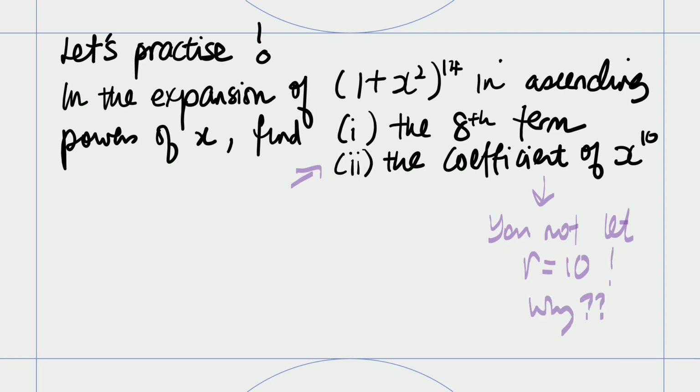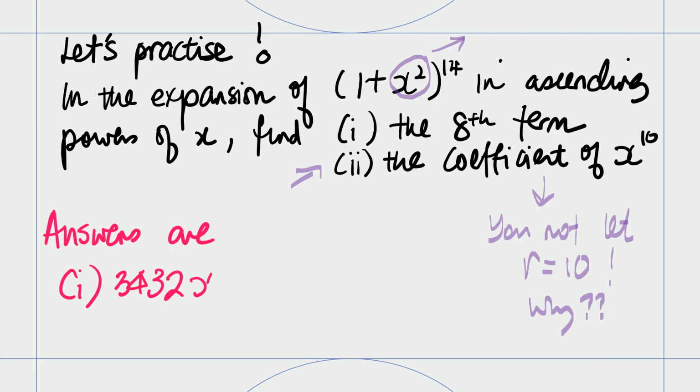To give you a hint, can you see that what you're getting for b is x squared and not x to the power of 1? Right, so that will be the hint. And the answers for part 1 and part 2 are all written on the screen. So try it.